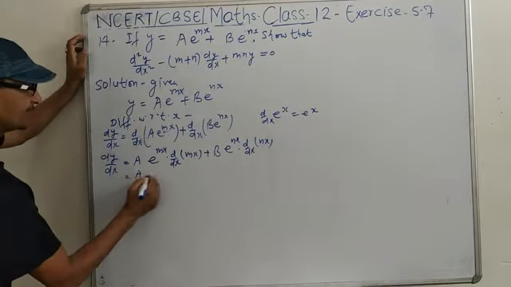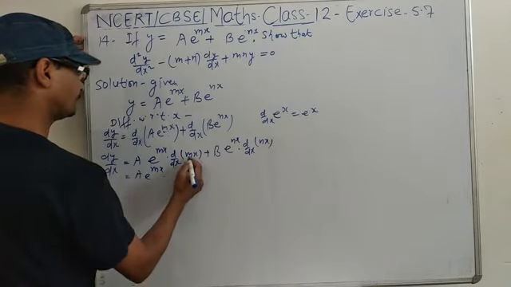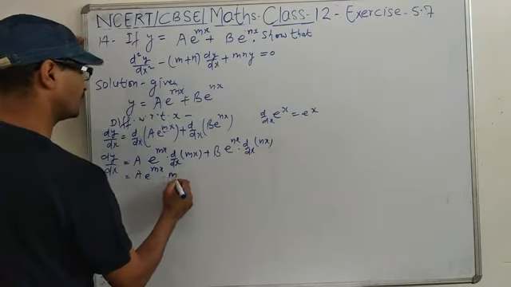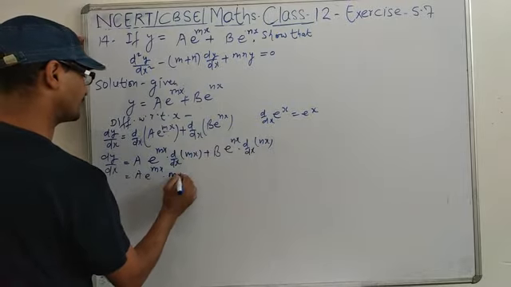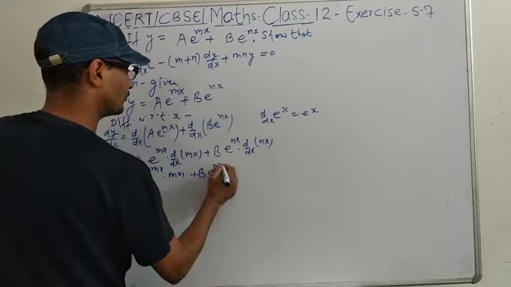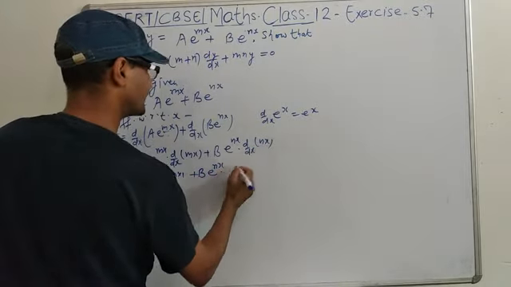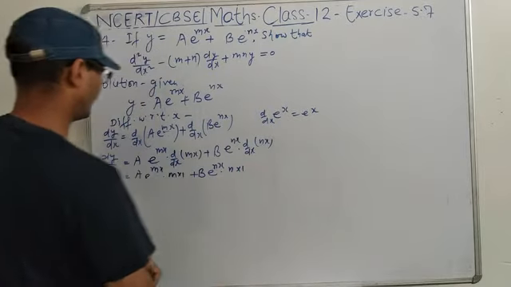So it is a e power mx into m, since m is constant and the derivative of x is 1, plus b e to the power nx, again d/dx of nx, n is constant, x derivative 1.